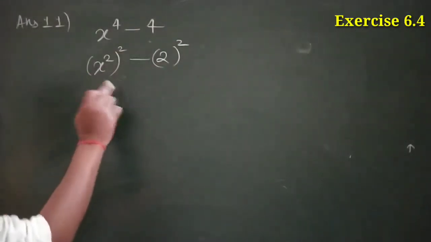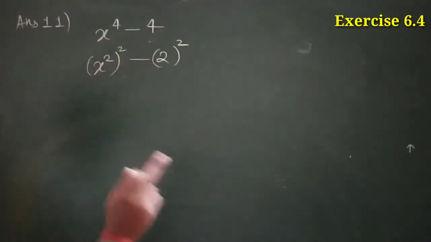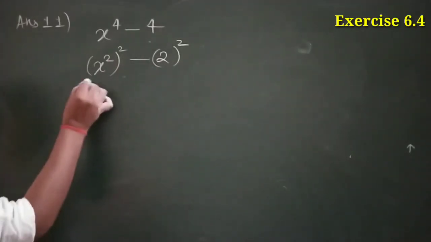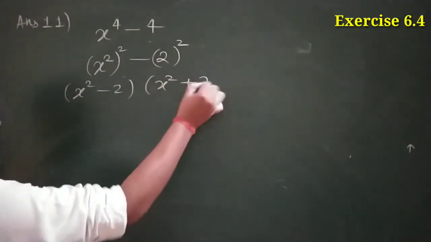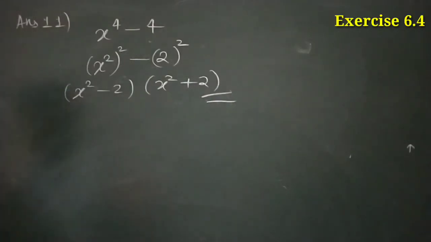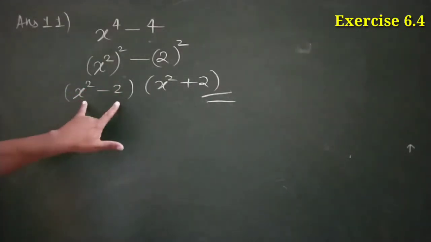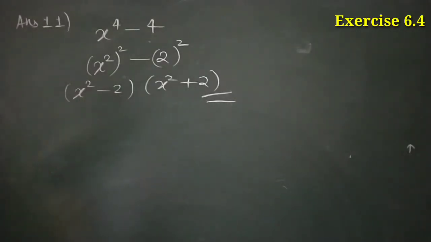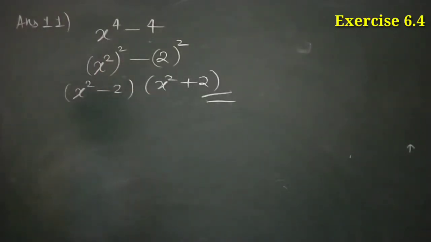So we can apply the formula a square minus b square, means these things will be added and subtracted once. x square minus 2, x square plus 2, which is our needed answer. Why? Because in some cases we have to apply the formula again, but this 2 is not written in the form of square, so no need of doing further. This is our final answer. Note it.